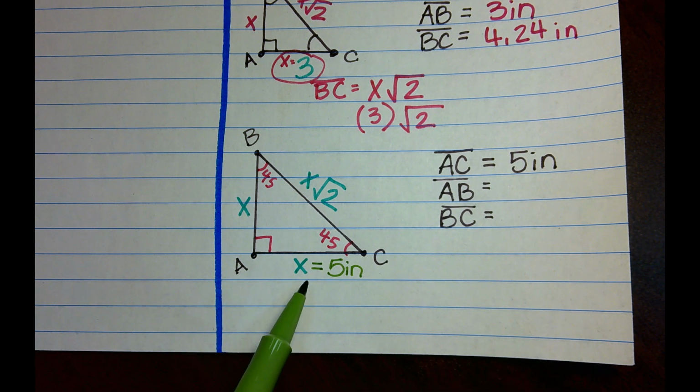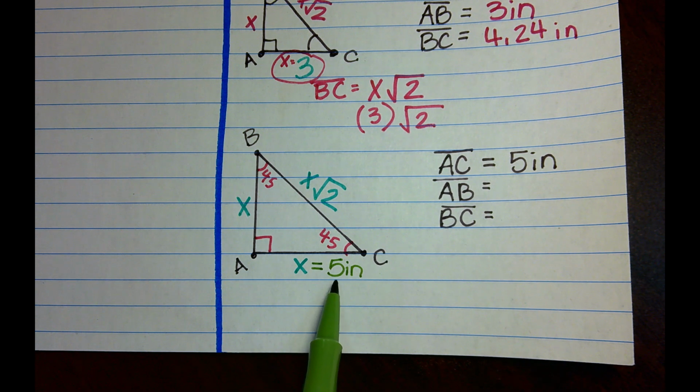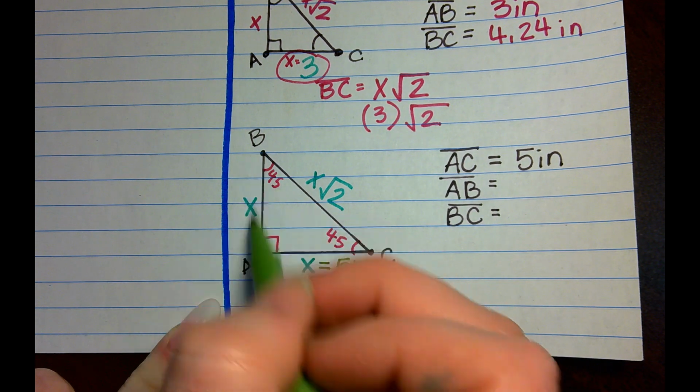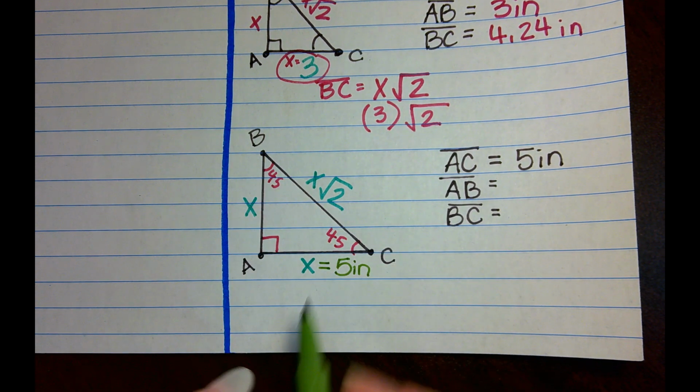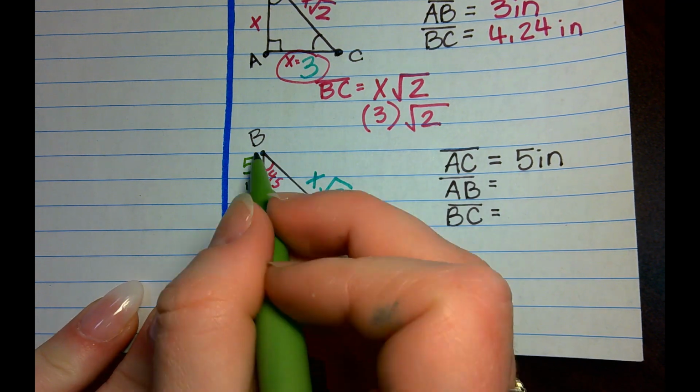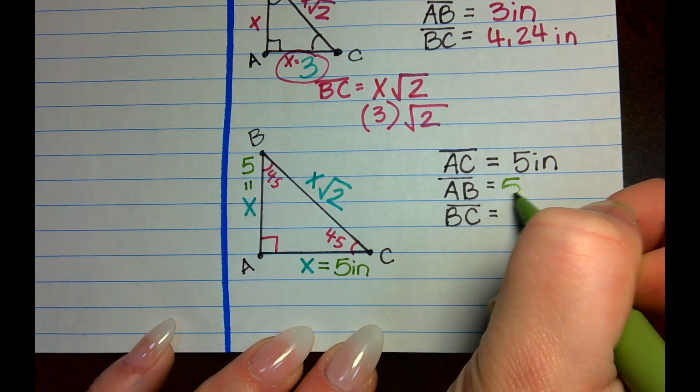If x equals 5, then I can plug it into all my other x's. AB is labeled with an x, and if x is 5, then AB is 5.